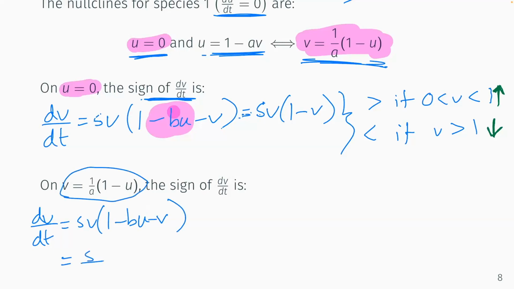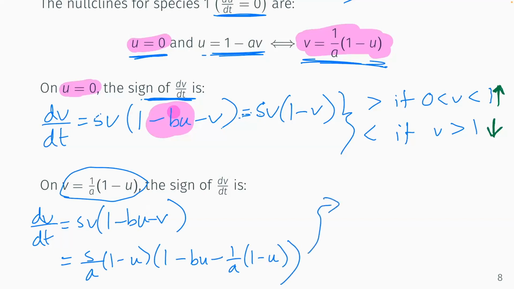We're going to have s over a times by 1 minus u times by 1 minus bu minus 1 over a times by 1 minus u. That's a little bit trickier. I'll leave that as an exercise, but we can show this is quadratic in u, so we can find out what the values are.